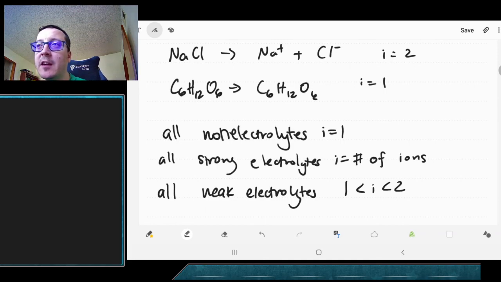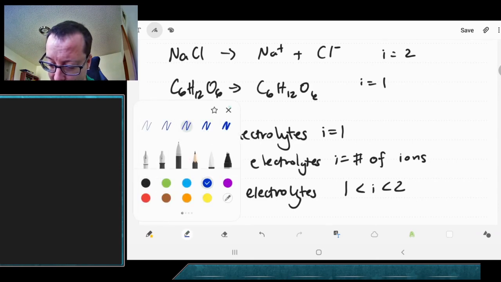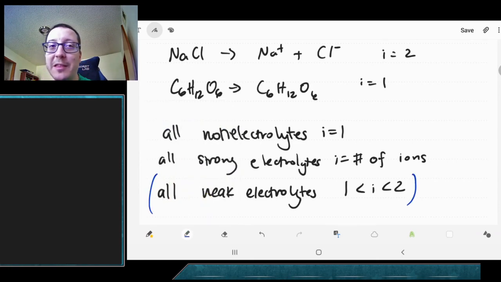And obviously, it could be 1.1, it could be 1.2. It just depends on how much it tends to dissociate. And so that's something we're not going to deal with in this sort of calculation. We're going to just do ones that have i's of integer values that we can work with.